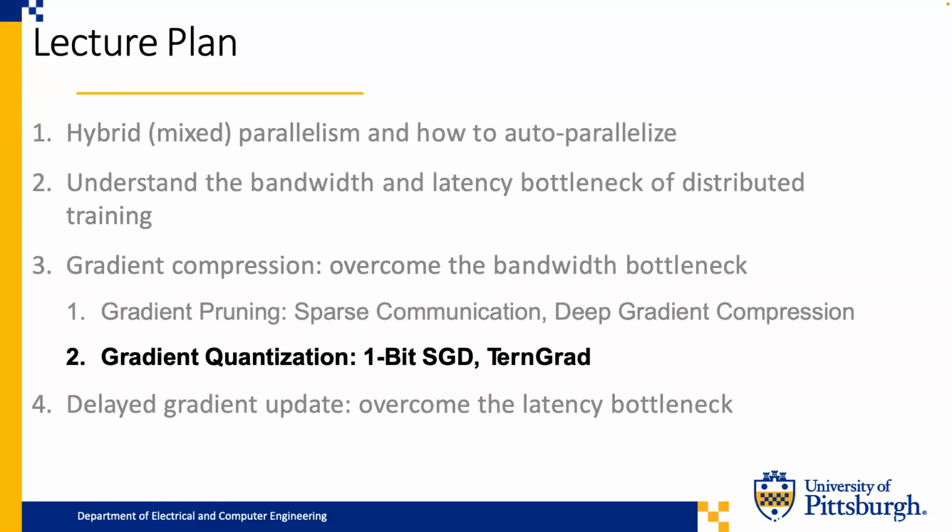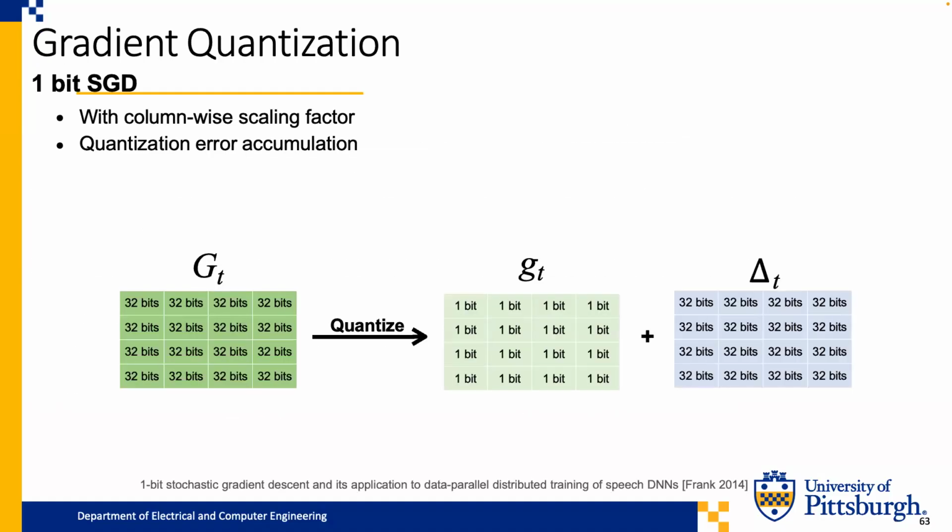So next, instead of pruning, let's talk about quantization. It's also quite interesting. For quantization, a 32-bit gradient is quantized into 1 bit with a quantization error.